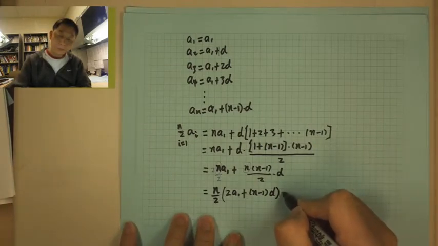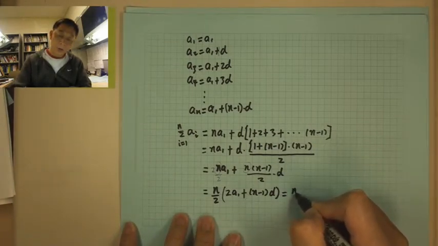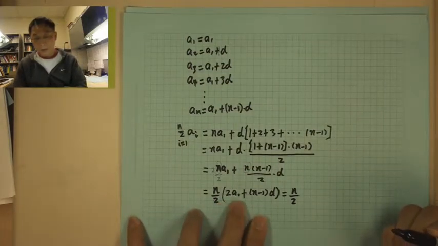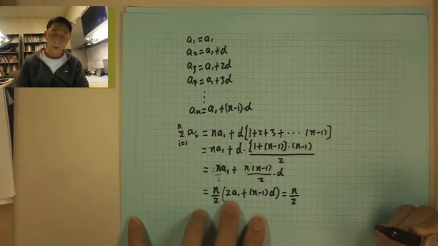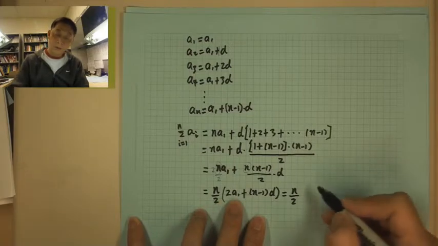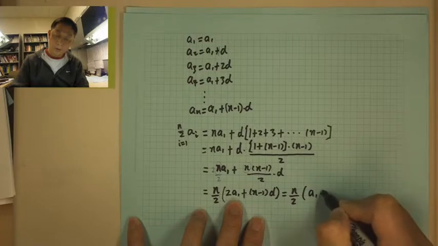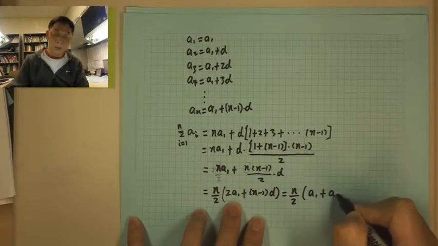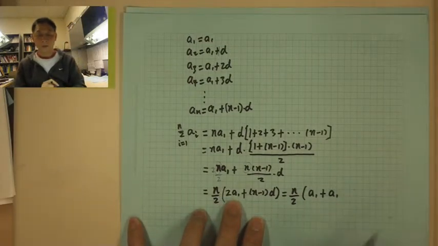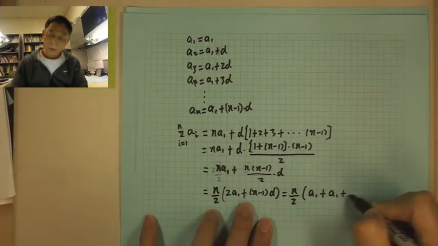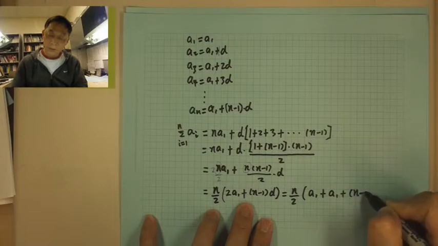Now, we copy n over 2. Let me rewrite this. 2a1 is actually a1 plus a1. And then the second one is n minus 1 d.